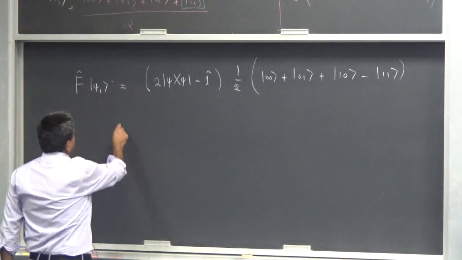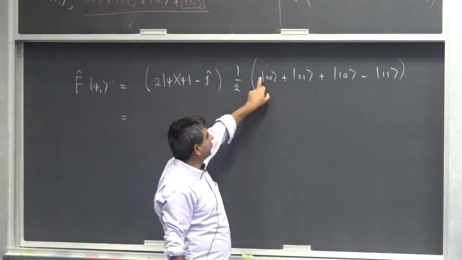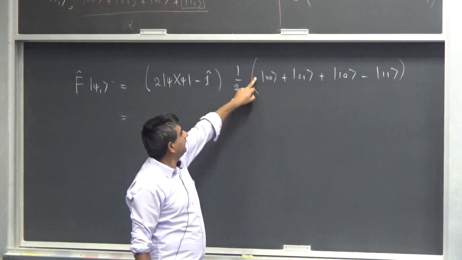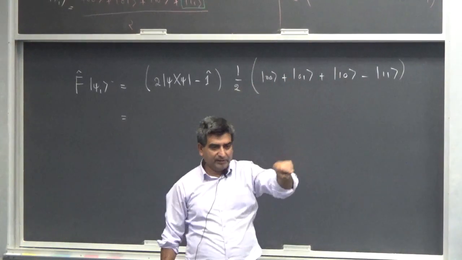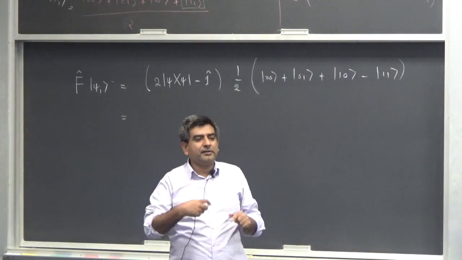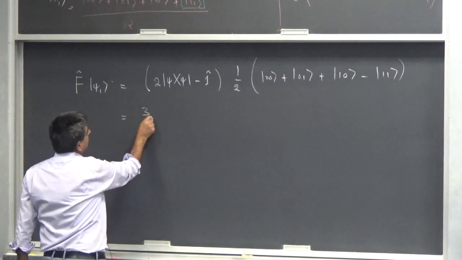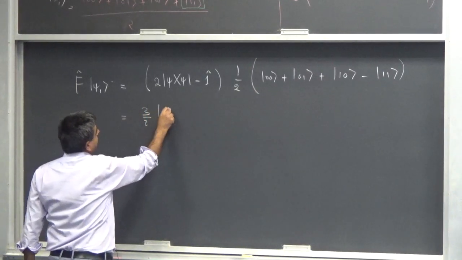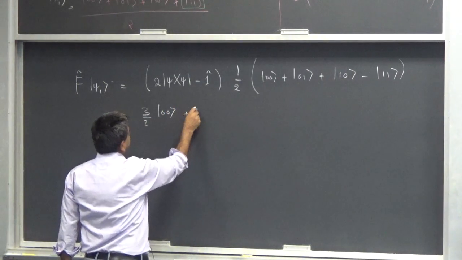So the output would be, what's the average of these 4 amplitudes? Half, half, half, minus half. The average is 1 by 4. 2 times that is half. So 2 minus half is 3 by 2. 2 minus half is again 3 by 2.